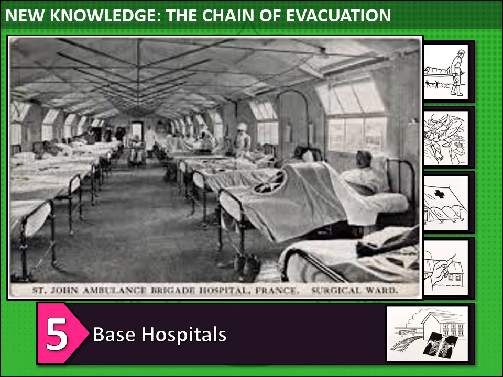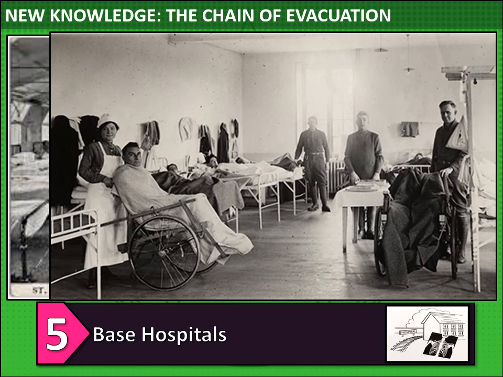Men were treated in both until they could be returned to fight, or they had to be sent back to Britain for further treatment. As the war progressed, base hospitals became more experimental and bigger. They experimented with putting soldiers with particular types of wounds together on the same wards, which meant that hospitals and their doctors could become experts in a particular area.